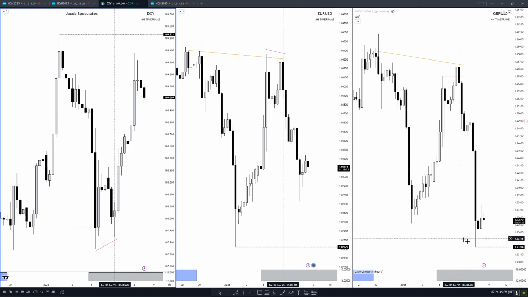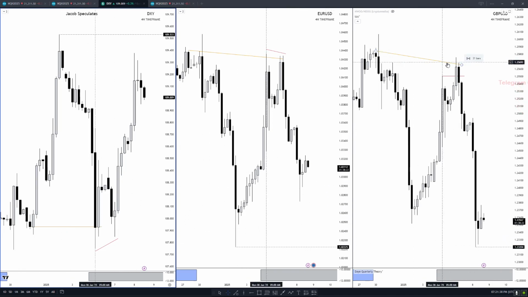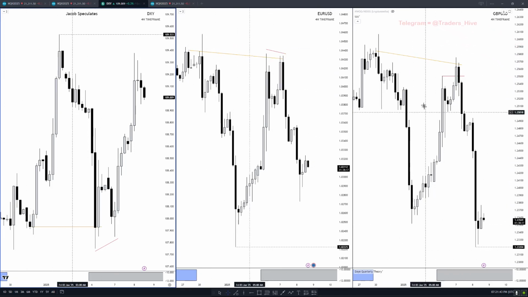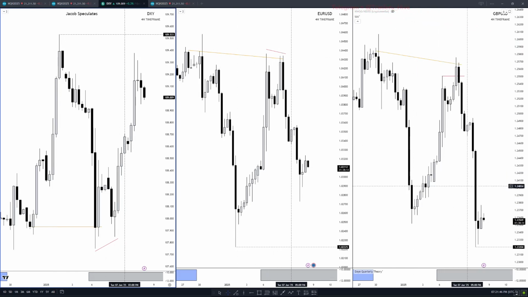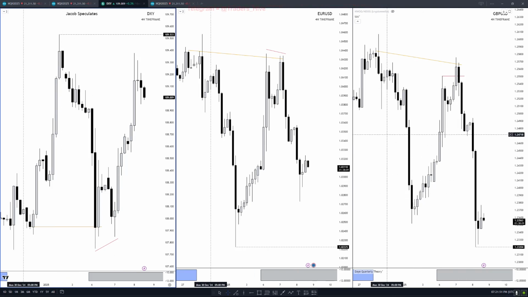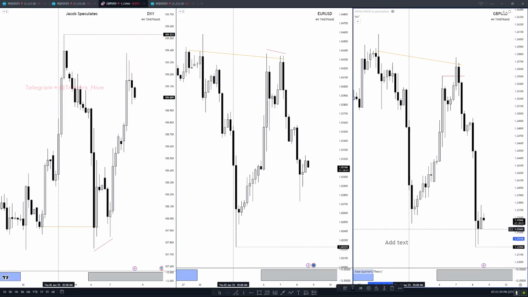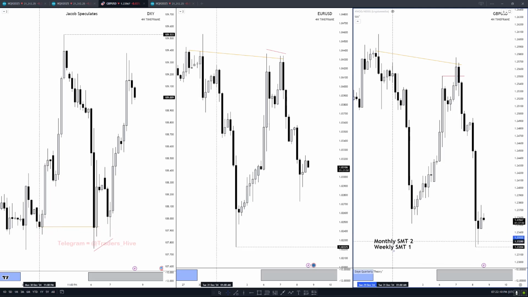The reason why I don't want to see this hold is because we already have a two-stage SMT up here. Whenever you have an SMT, you don't want it to be back to back within the same quarter. If you do see that, that is low probability. So if we, for example, count the monthly SMT as 2 and then weekly SMT as 1, we have a monthly and weekly SMT up here.